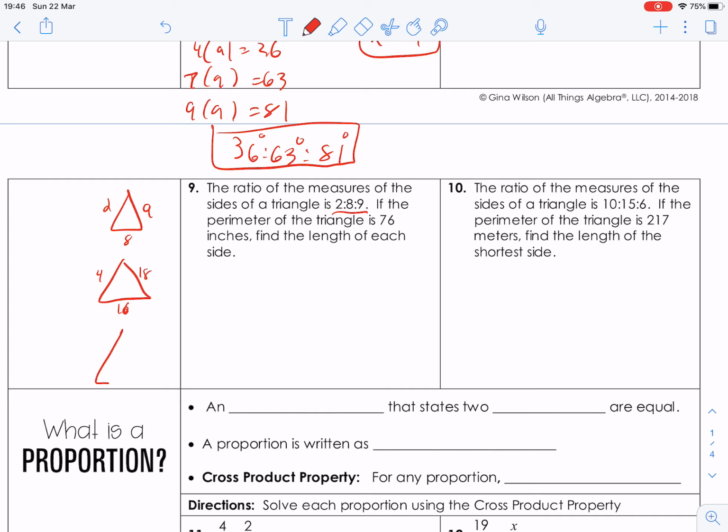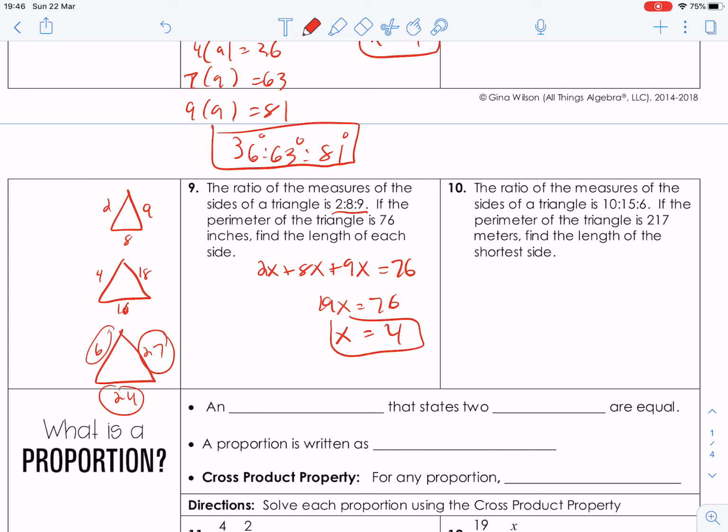So we could also get a bigger triangle. 6, 24, 27. We need the outside here to add to 76. We could keep going, or we could do the shortcut. 2x plus 8x plus 9x equals 76. 19x equals 76. X equals 4.